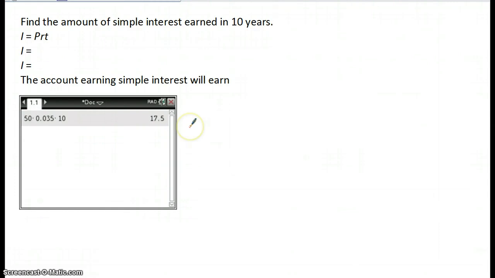Okay, so I'm using a TI-Nspire, and what I've done is I see that my principal is 50. As you can see on my calculator, it is 50 times 0.035 times 10, and when I do that math, I'm going to get $17.50.